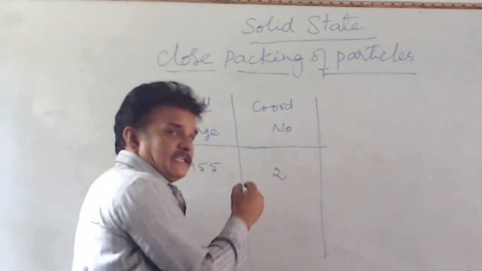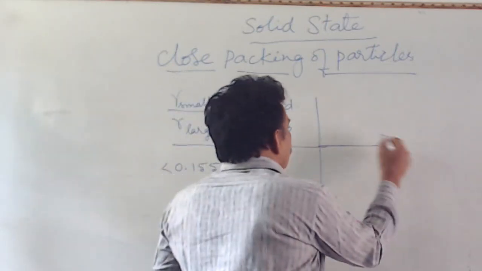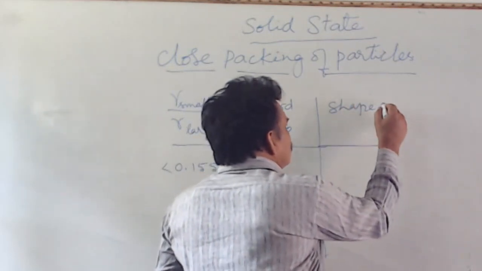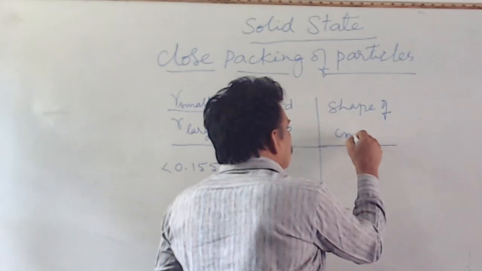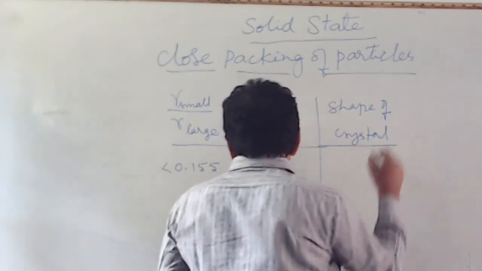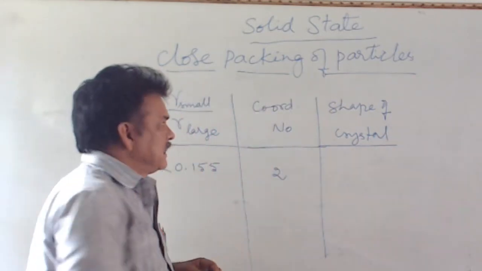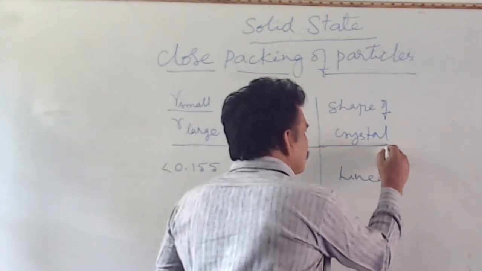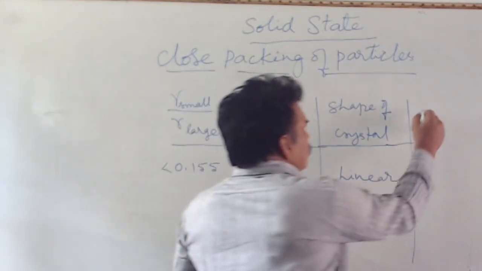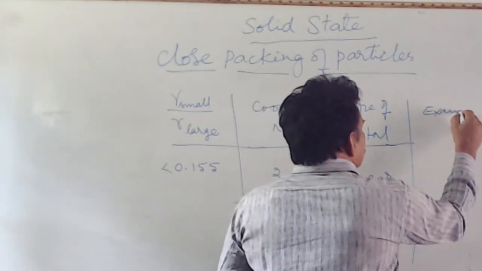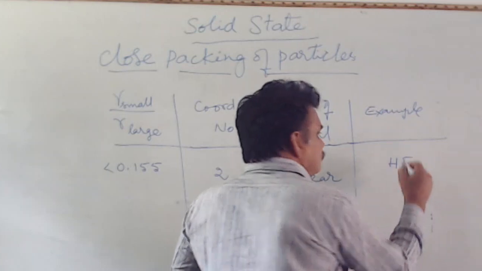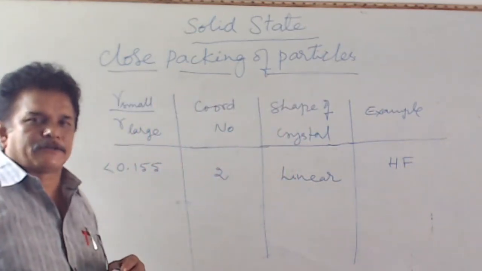And based on this coordination number, we can explain the shape of the molecule or shape of the crystal. If the coordination number is 2, then the shape of the crystal is linear. For example, HF.